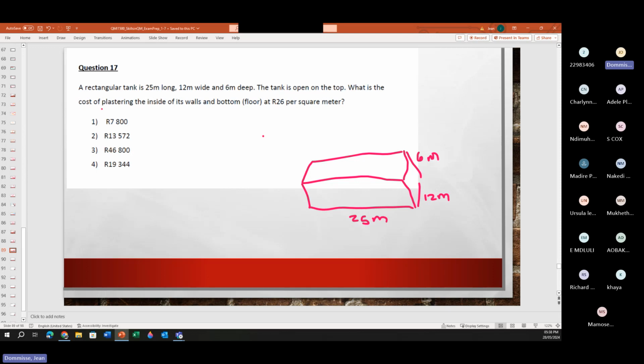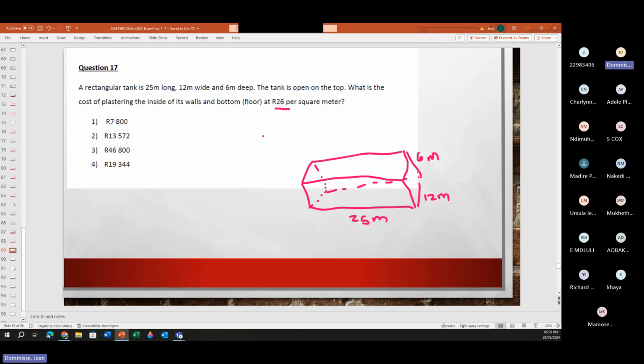What is the cost of plastering the inside of its walls and bottom at 26 rand per square meter? It's good that we do something like this, because we haven't seen a question like this before.